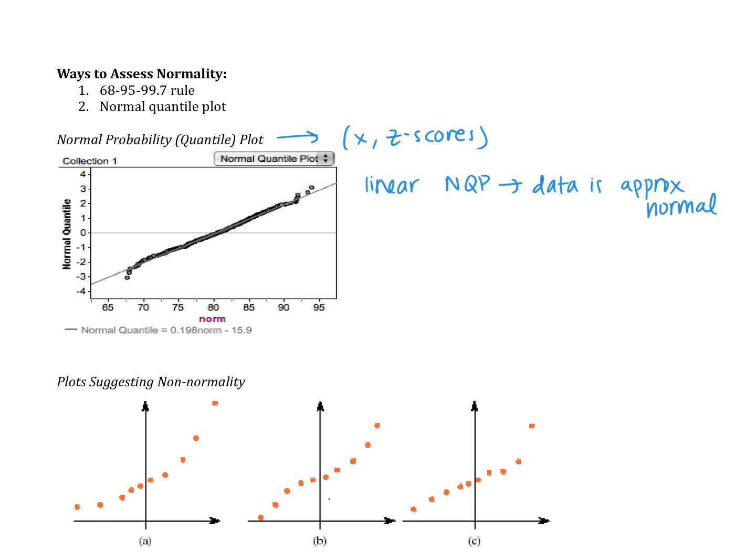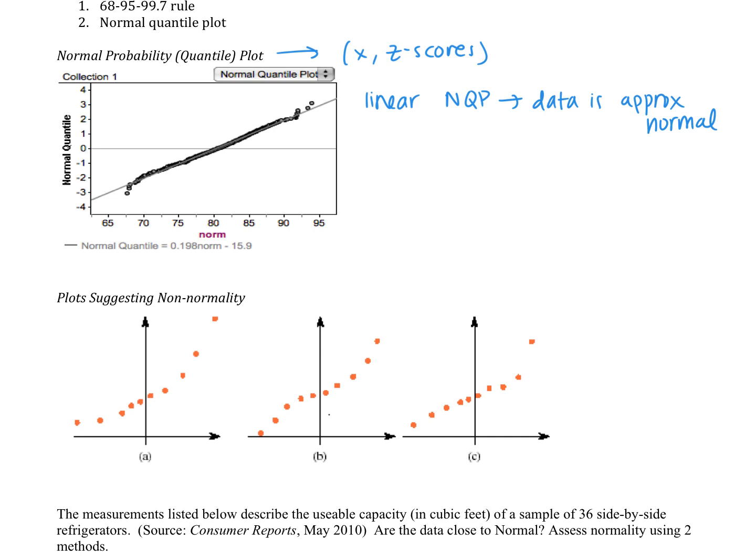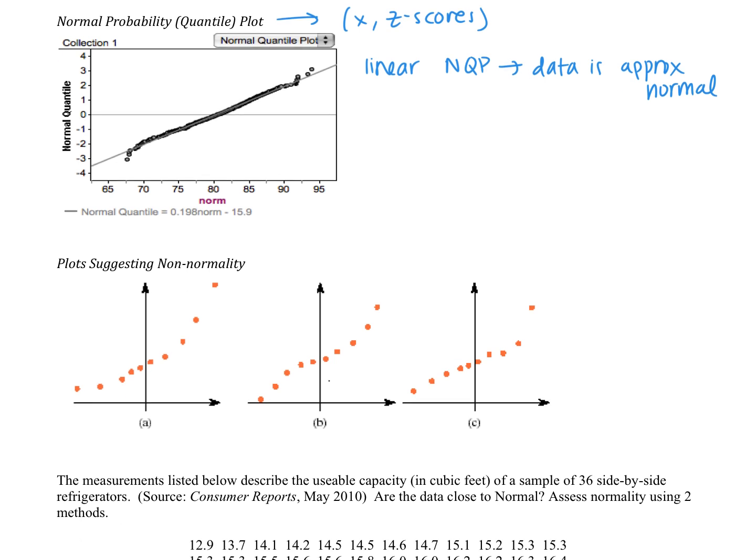Ultimately, what I care about is that you can tell me if it's normal or not. But here are a few examples of where something is not normal. If you look at this, that tells you that there's a skew. On C, that tells you that there's an outlier.